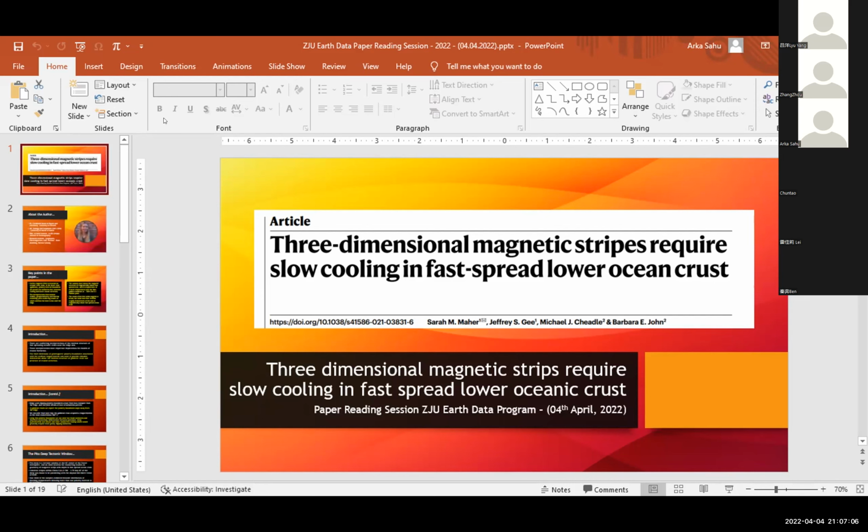And for this work, the key person actually doing this is Jeff Gee, the second author, because he is an expert in combining both petrology and geomagnetics. Sarah Meher is the PhD student who worked with Jeff Gee before. She just graduated a couple of months ago, and she implemented the idea.